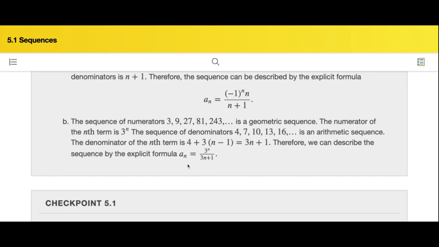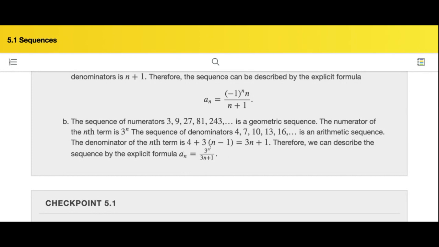Anyway, this is another advantage we can see of why we're using sequences, right? Similarly for series later on. For rational functions, the numerator has to be a polynomial function as well. But in this case, the numerator is an exponential function.